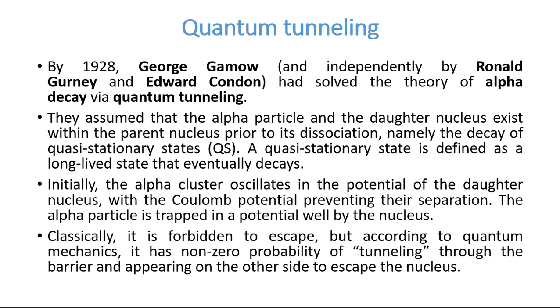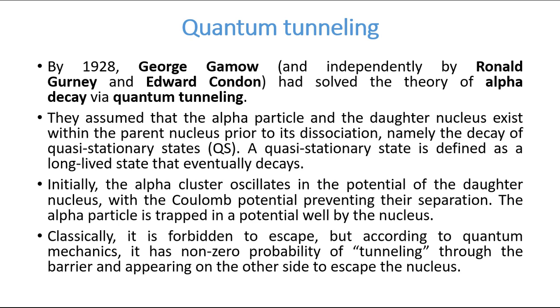A quasi-stationary state is defined as a long-lived state that eventually decays. It means the alpha particle, already formed in the parent nucleus, has some energy, but this energy is less than the Coulomb barrier, and according to classical physics it cannot escape the parent nucleus.